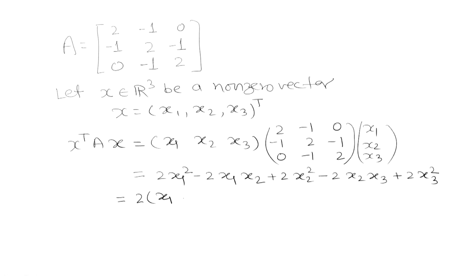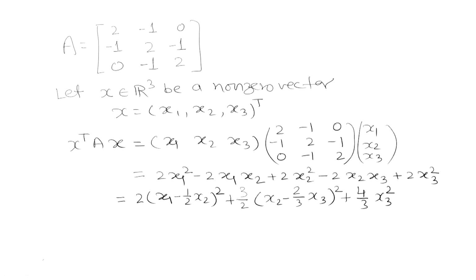This I can write like this: 2 times x1 minus half x2 whole square, so x1 square is left out here, and then 3 by 2 times x2 minus 2 by 3 x3 whole square, plus 4 by 3 x3 square.